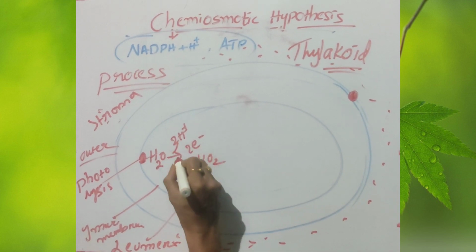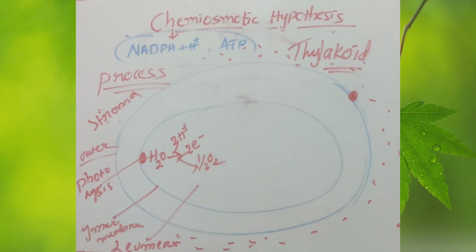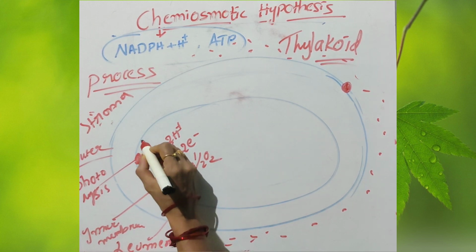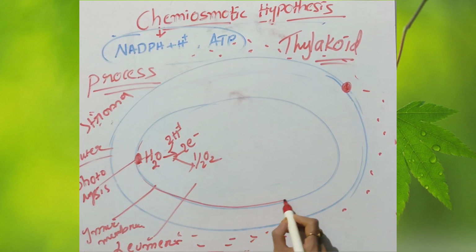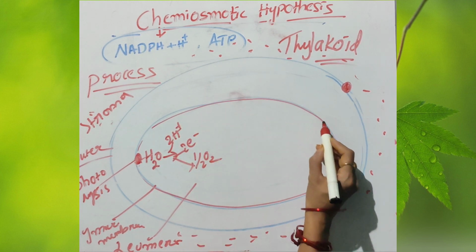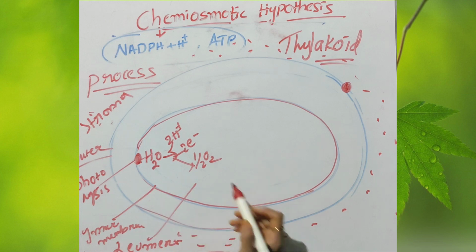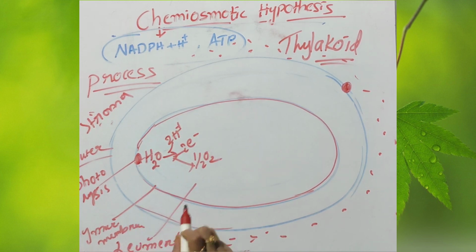These are the products of the splitting of the water molecule. The location of the photolysis complex is the inner thylakoid membrane. This is the inner thylakoid membrane, and this is the outer thylakoid membrane.